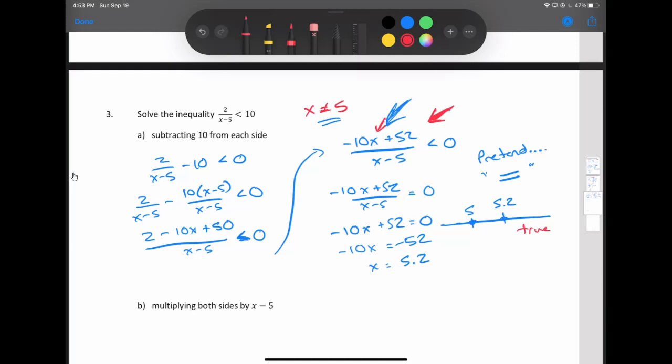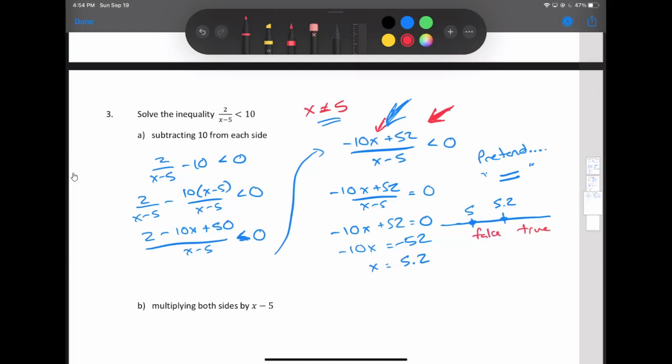Now, unfortunately, we got a really small middle region there between 5 and 5.2, but it is a region. So let's choose 5.1. So negative 10 times 5.1 plus 52 is a positive number. And the bottom is a number bigger than 5 minus 5, so it's also a positive number. Positive over a positive is positive. It is not going to be less than 0. So that region doesn't work.